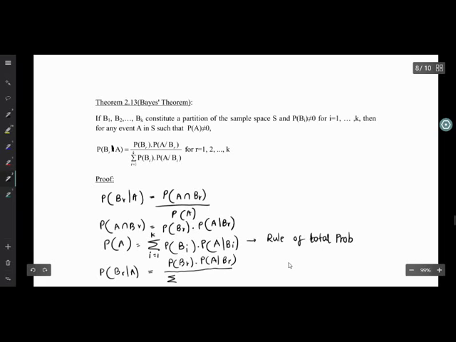At the denominator you have the rule of total probability. So you end up with the Bayes theorem.